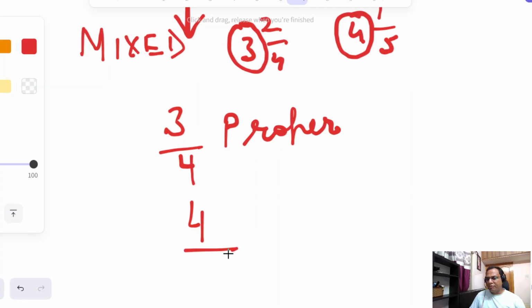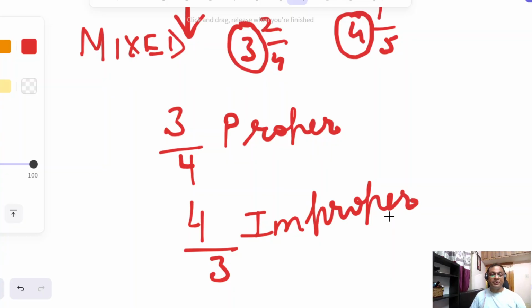If I take 4/3, just the inverse of it, which is improper, we have just learned the definition of proper and improper, right? Proper fractions are where the denominator is bigger than the numerator, and improper fractions are where your numerator is bigger than the denominator, and only improper fractions can be converted to mixed fractions.